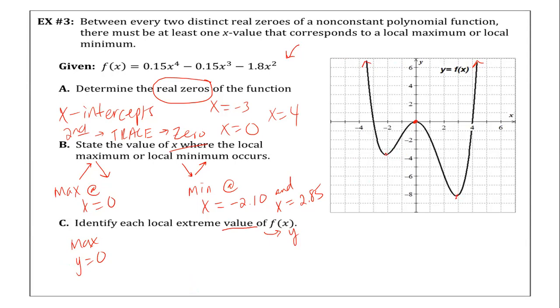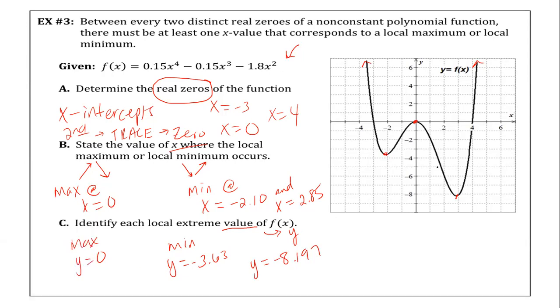Now, for the mins, I would have to resort back to what? Reference back to the calculator, because can I tell exactly where it's at? No, but if I use the calculator, it's going to tell me that my min happens at -3 63/100 and it happens at -8 197/100.